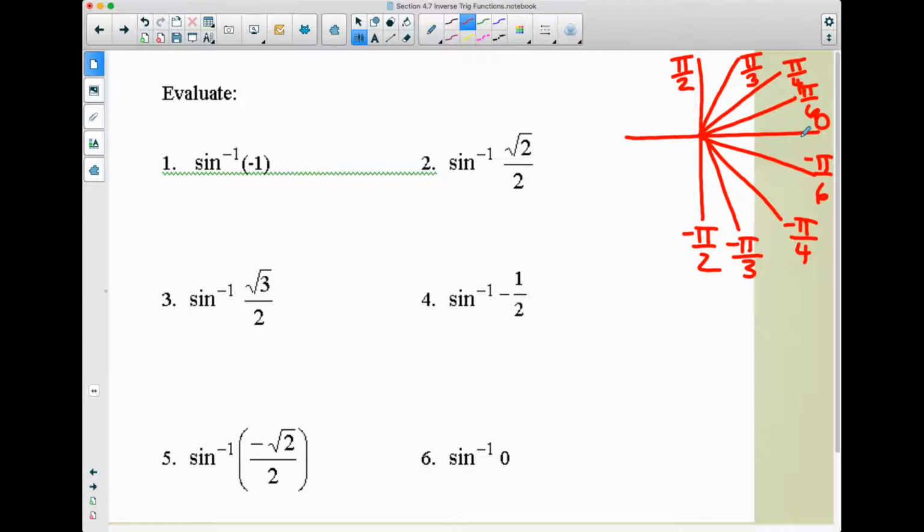Go ahead and jot down your ordered pairs next to those. I don't have room on mine spread out. I'm not putting it over here on the side. Someone's listening in, just have your unit circle.